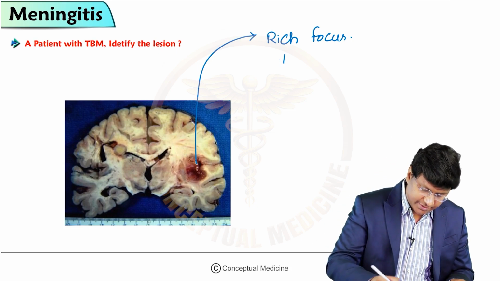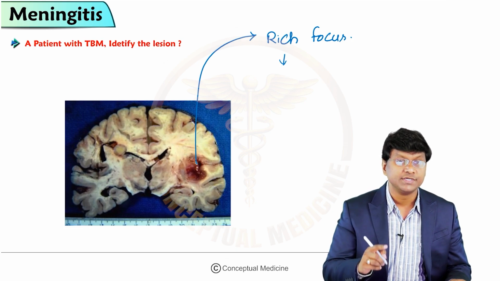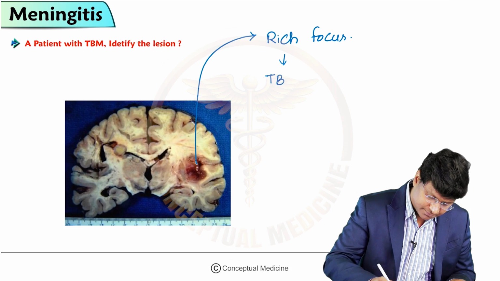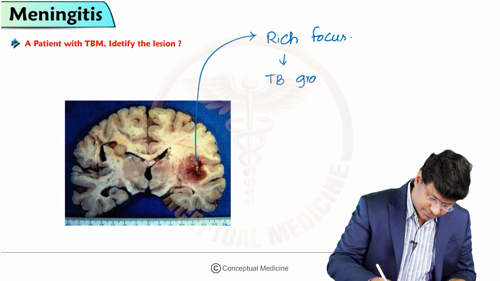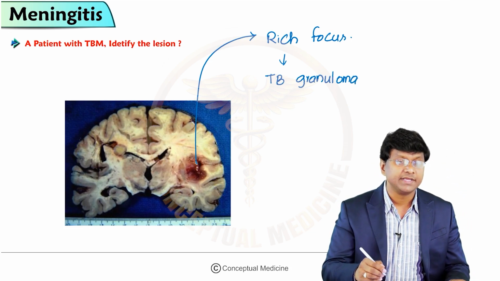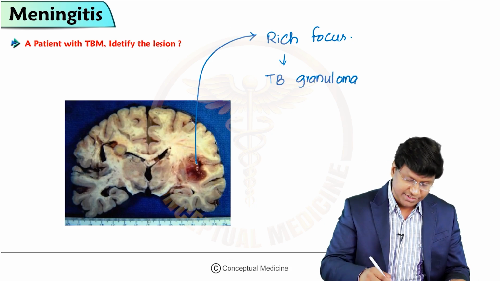And what is this Rich focus? Rich focus is a tuberculous granuloma occurring within the cortex or meninges of the brain.